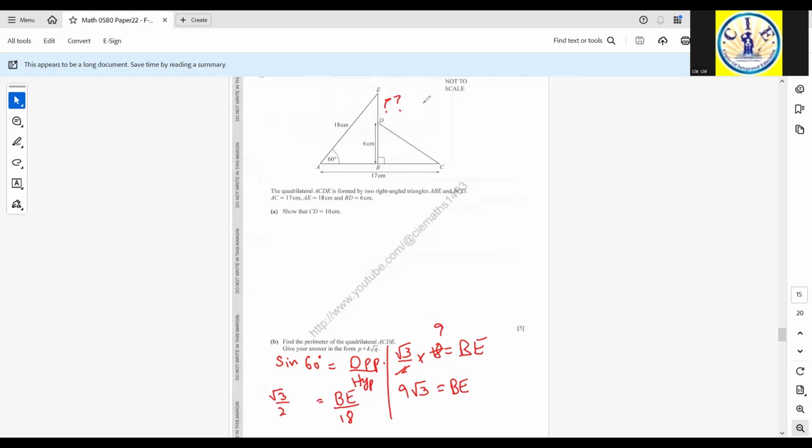But to calculate the side DE, DE is going to be BE minus 6, this distance. That is 9 radical 3 minus 6.